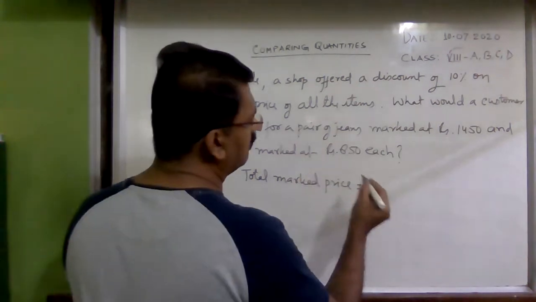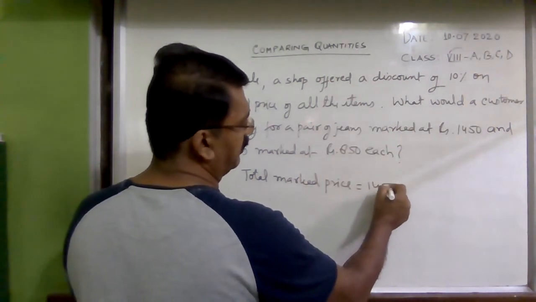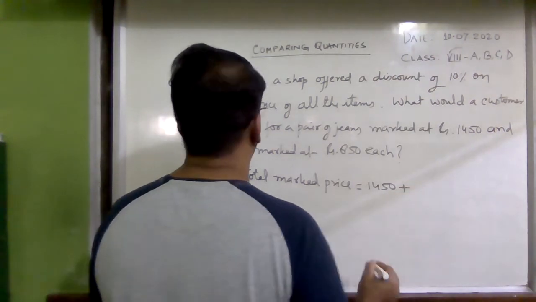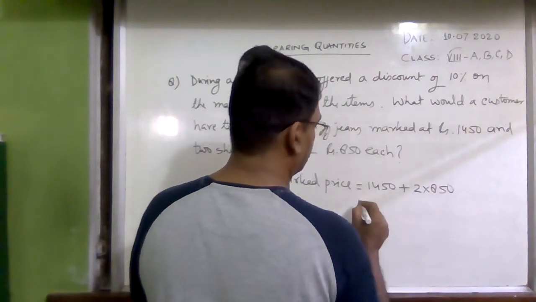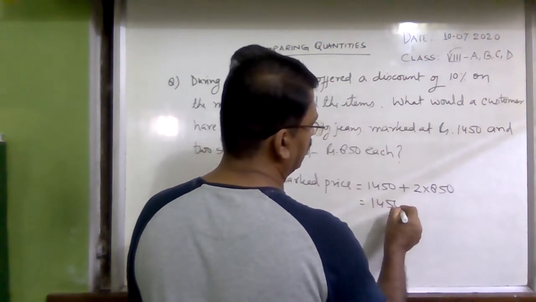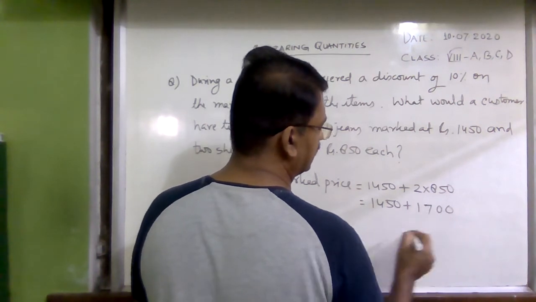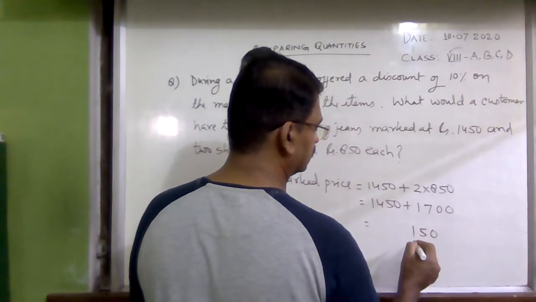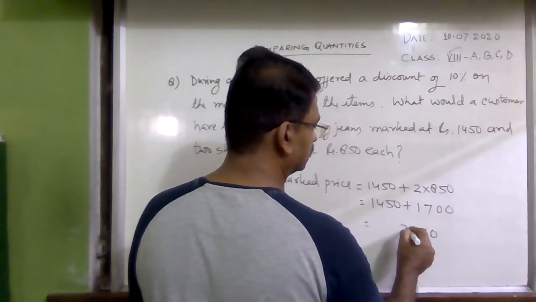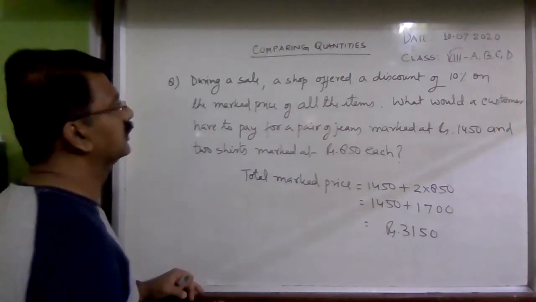Now the total marked price will be 1450 for the pair of jeans plus there are two shirts, so 2 into 850. So 1450 plus 1700. So the total marked price is rupees 3150.